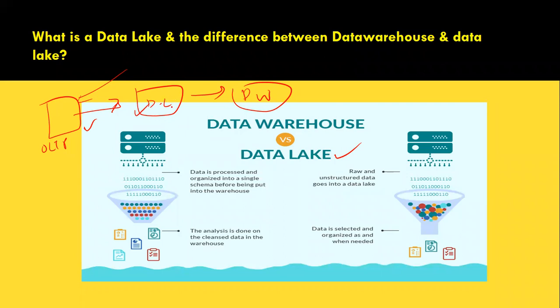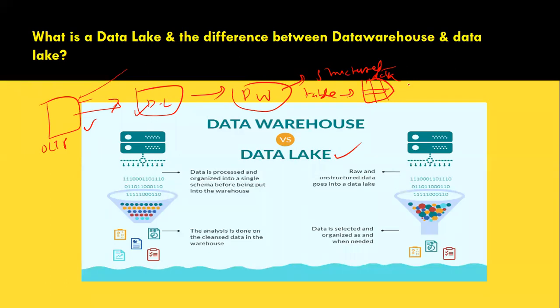But the data lake can contain structured data, unstructured data, and even semi-structured data. Whereas in the case of a data warehouse, it's just structured data. Most of the time we use structured data only. What do you mean by structured data? Let's say the data is stored in tables, in rows and columns.